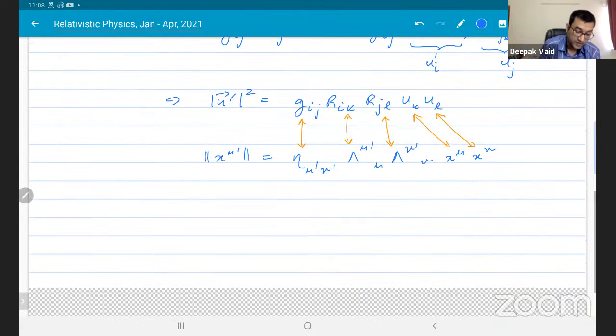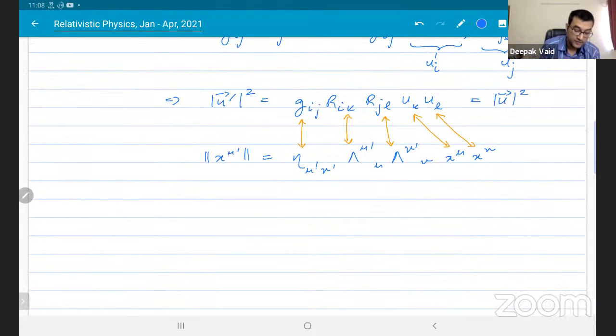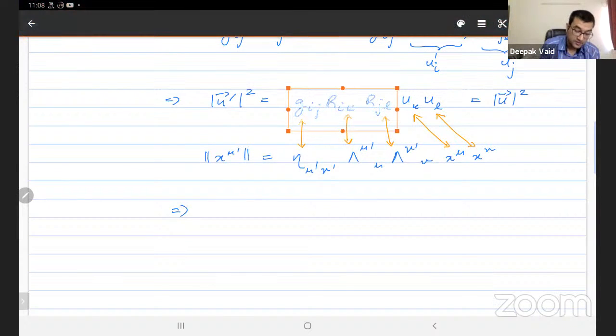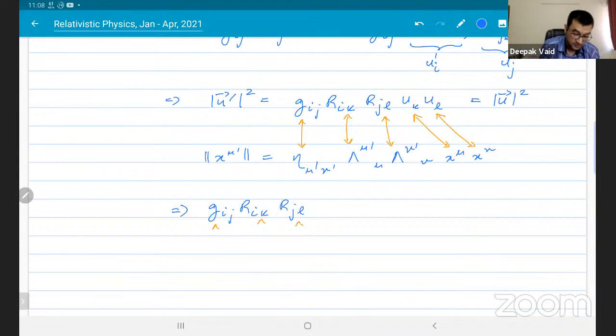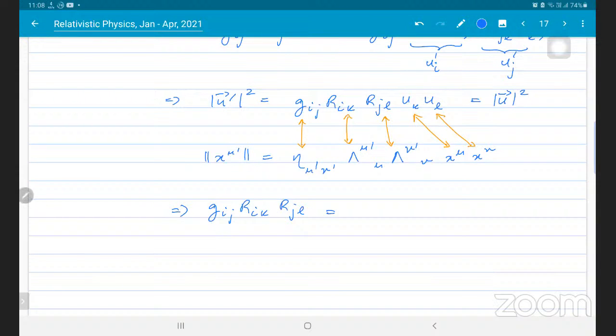And I require that the length of this vector should not be changed. So that means that this object has to be equal to what? Anybody? Identity. Huh? G_kl. Right?